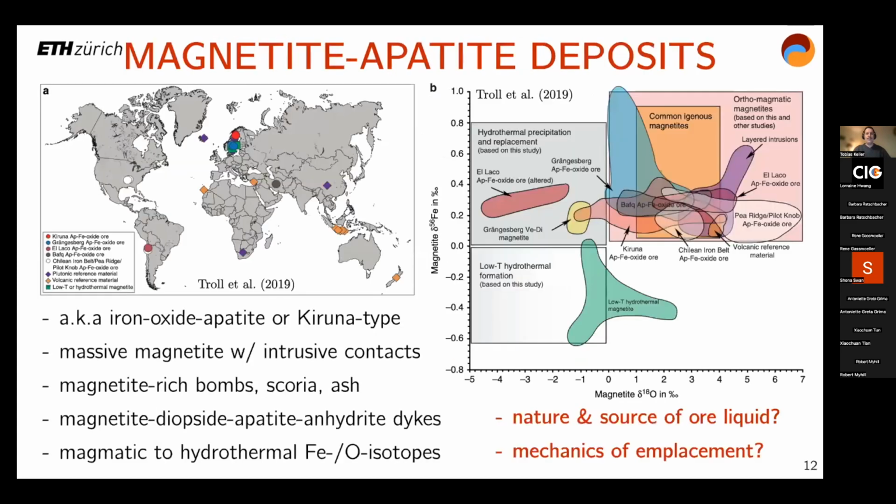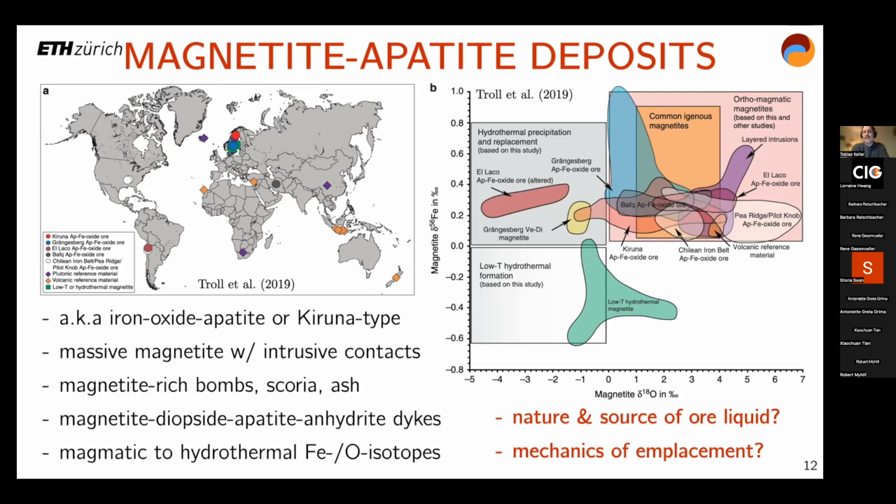Now, why do I bring up this example? That's simply because Kiruna deposits are actually the type deposit for a whole class of magnetite-apatite deposits. These deposits tend to present as massive magnetite bodies. So those are massive bodies consisting of more than 90–95% magnetite, which in some instances is oxidized to hematite, depending on later alteration.